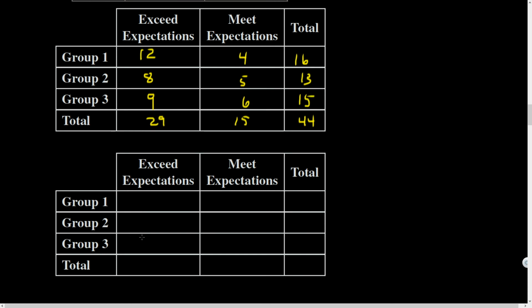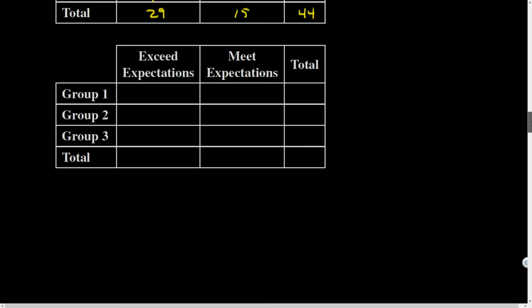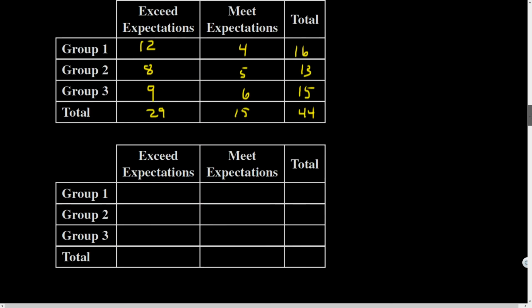Actually, I could do that this way as well. I've got to figure out the other frequencies. Could I jump right into conditional? Conditional by row? Yeah, I could do that.